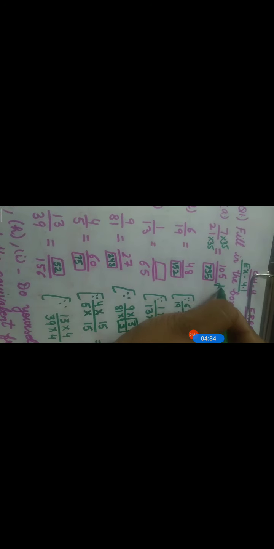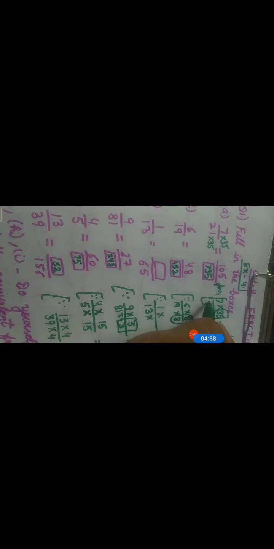In the rough column, you can multiply 21 by 15. 5 ones are 5, 5 twos are 10, 1 one is 1 and 1 two is 2. This will be 315. So we will write 315. So this will be our answer.